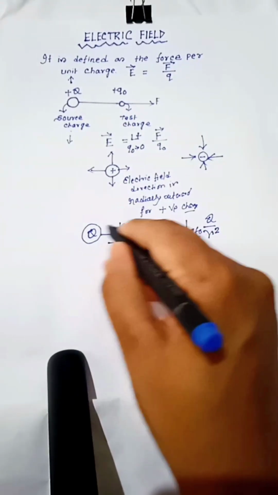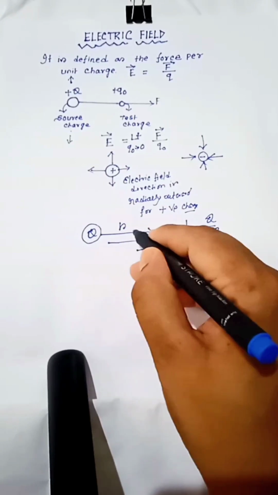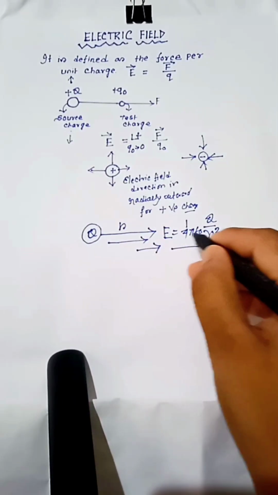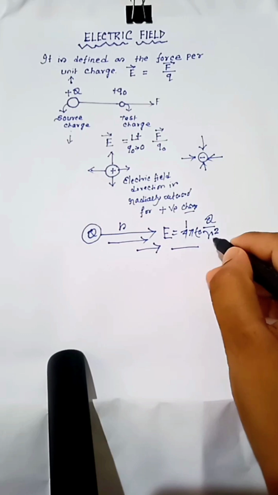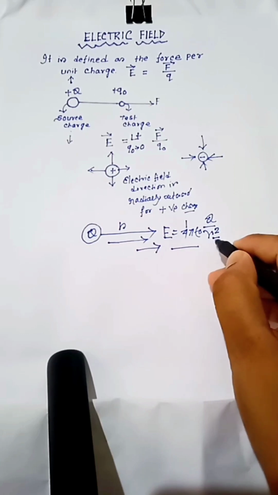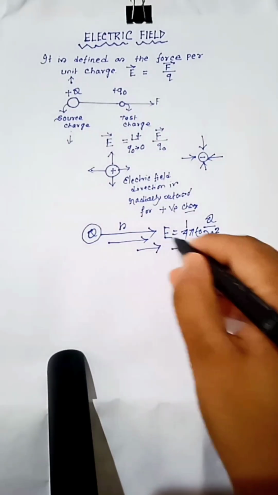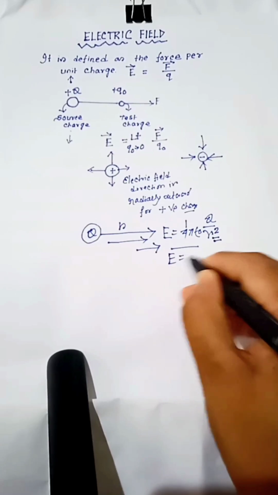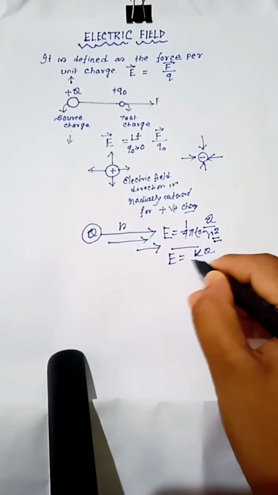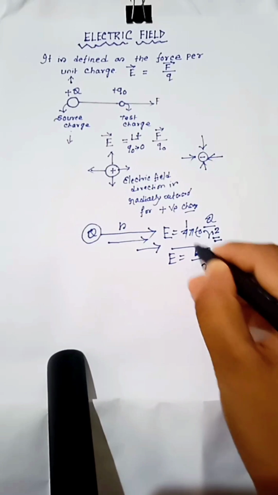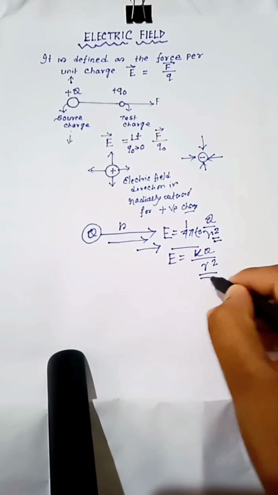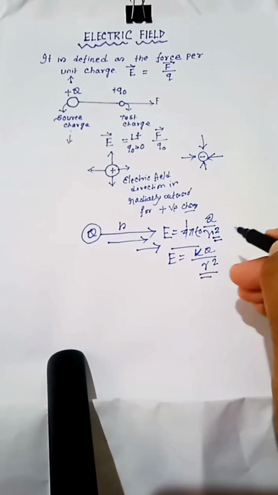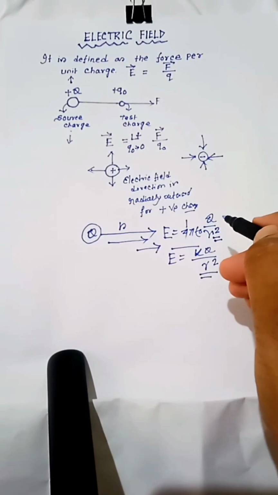Distance increases, so the effect of this charge obviously will decrease, and it varies with respect to the power of 2 of this distance r. So E is equal to k q by r square. K is the constant, 1 by 4 pi epsilon naught. This is the concept of electric field.